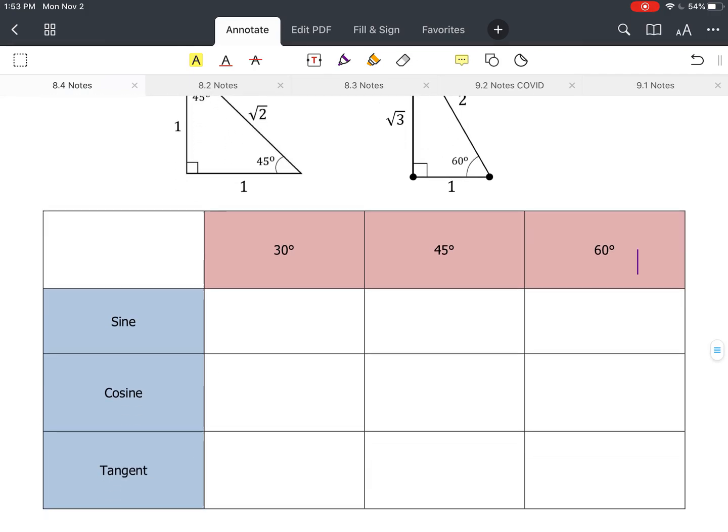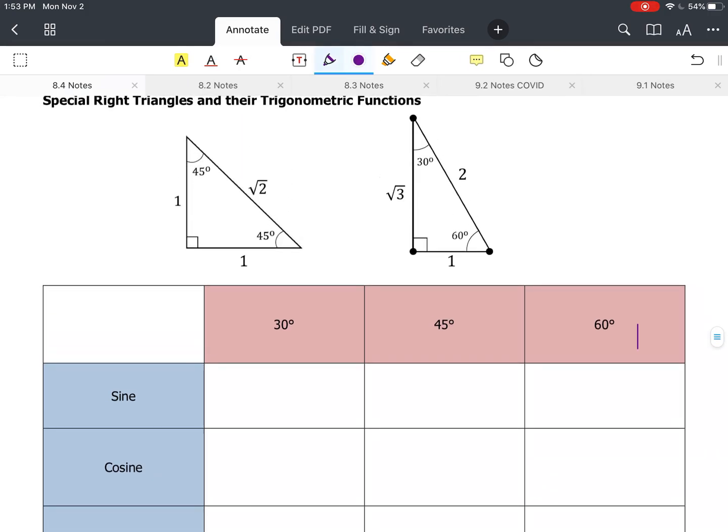We can actually find trig ratios based off of the angles. So let's look at just 30 first. So using 30 as my reference angle, opposite would be 1, adjacent would be root 3, and hypotenuse would be 2.